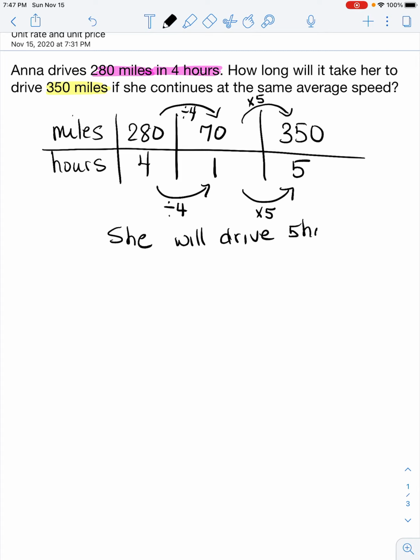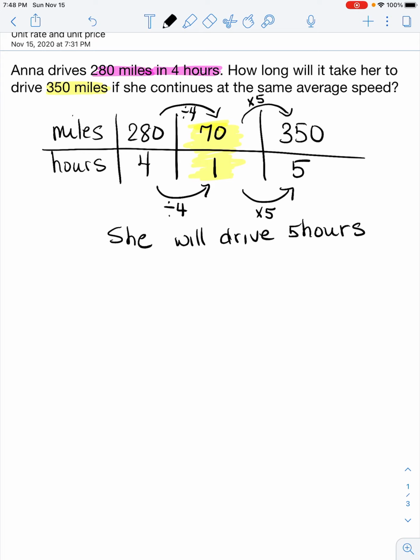She will drive 5 hours at her average speed or unit rate. And you might be able to see that the importance here of unit rate is we can't get directly from 280 miles in 4 hours to 350 miles in 5 hours. So we need that middle step of finding our unit rate or our average speed.